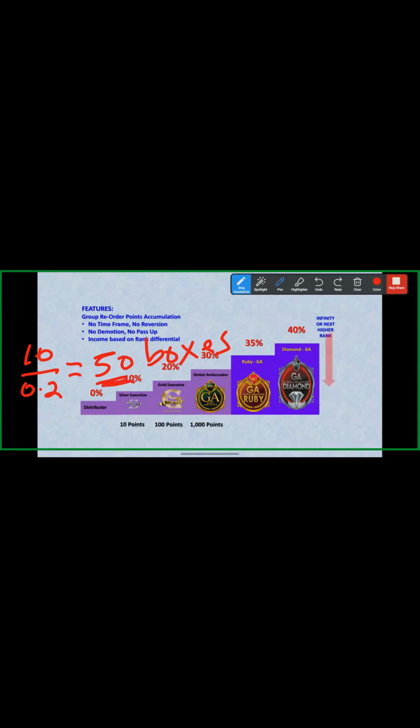Now, the moment these points accumulate to 10, let's say you and your team have done 50 boxes, they accumulate to 10 points. What happens? You become a silver executive prime and you start enjoying 10%. When they accumulate to 100, you enjoy 10%, 30%, 35%, or 40%, depending.